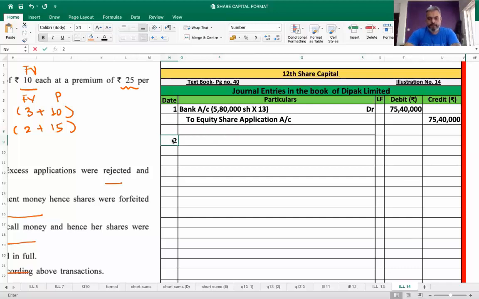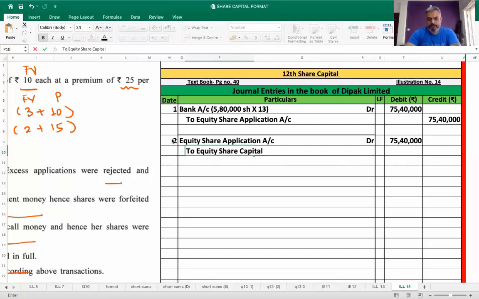Second, we reverse this temporary account, equity share application account debit 75 lakh 40,000 to equity share capital account, capital for only 5 lakh shares because 5 lakh shares are issued into face value.